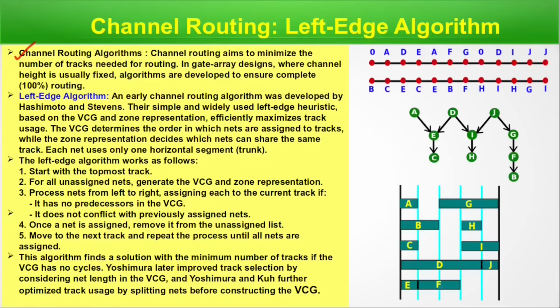The VCG determines the order in which nets are assigned to tracks, while the zone representation decides which nets can share the same track. Each net uses only one horizontal segment, or trunk.